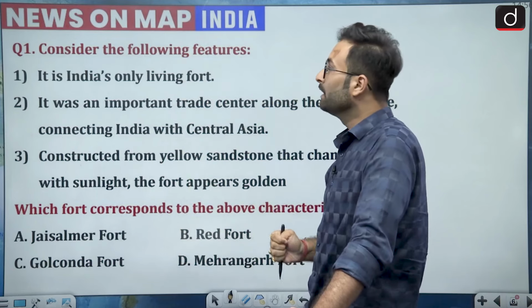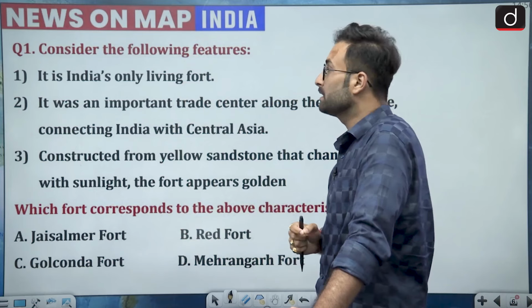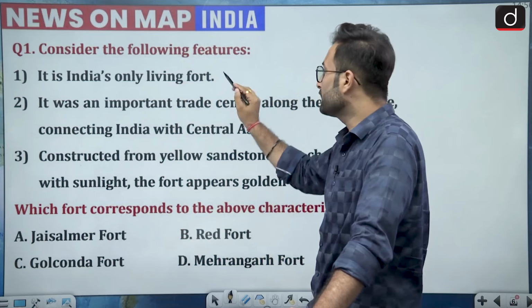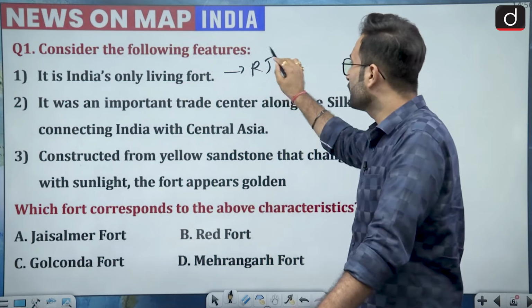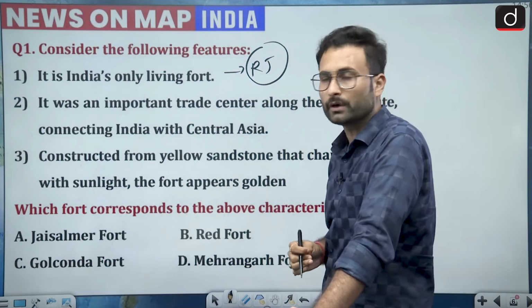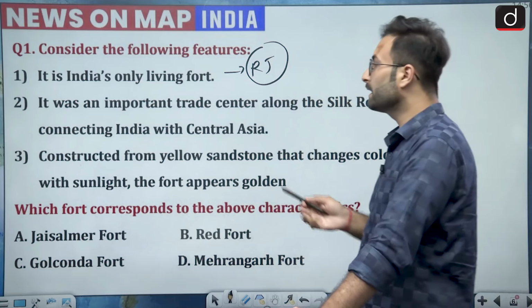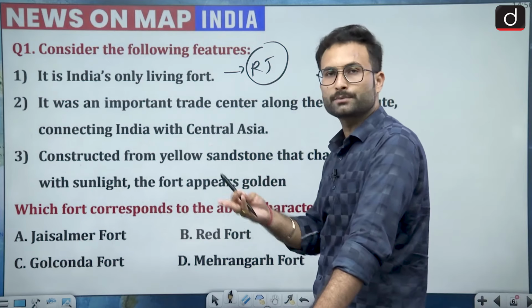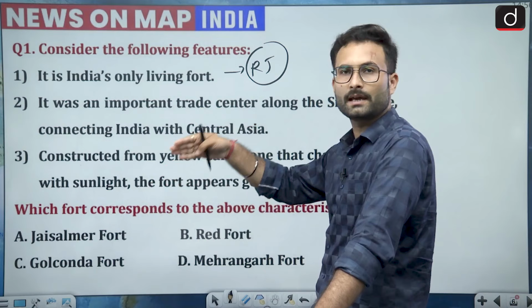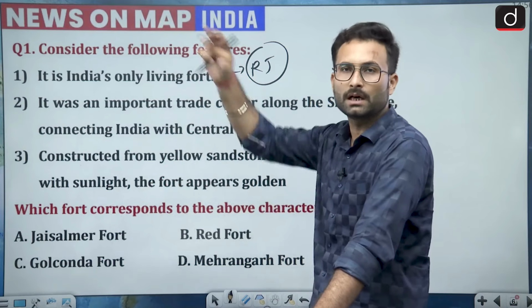Considering the first one, it is India's only living fort. In Rajasthan there is one fort which is considered India's only living fort. Second, it is an important trade center along the Silk Route connecting India with Central Asia. That is obvious, because if it is in Rajasthan, then Pakistan, then Afghanistan would be the route to that.